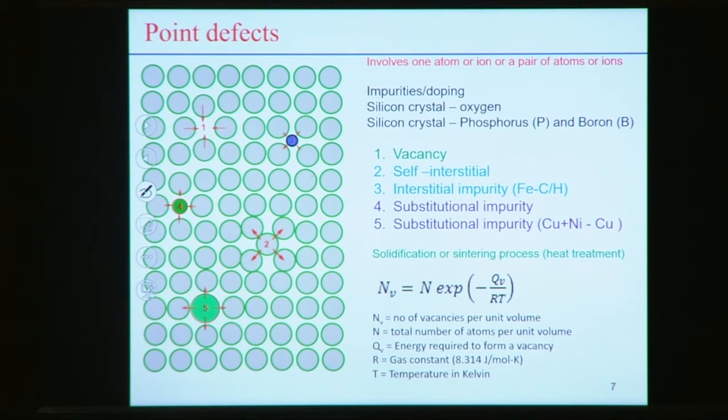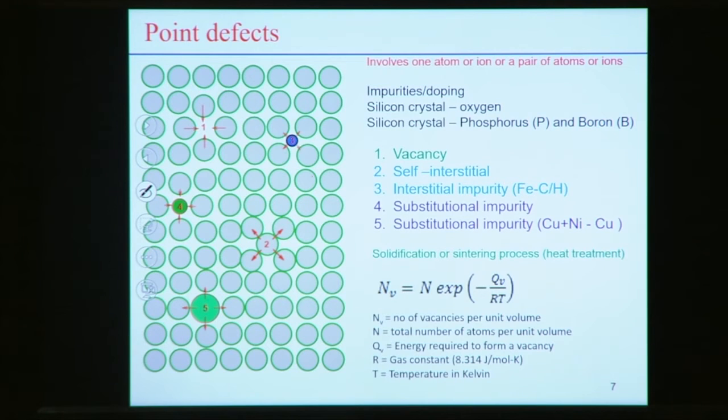So that happens actually naturally. The existence of oxygen within the single crystal structure can be considered as a defect, and these defects are called point defects.